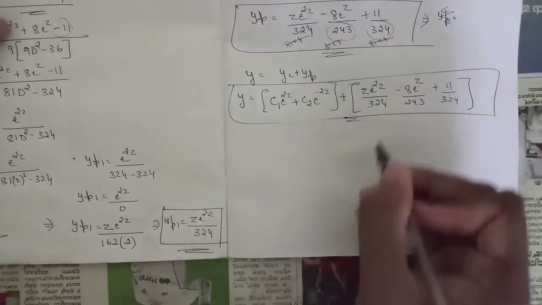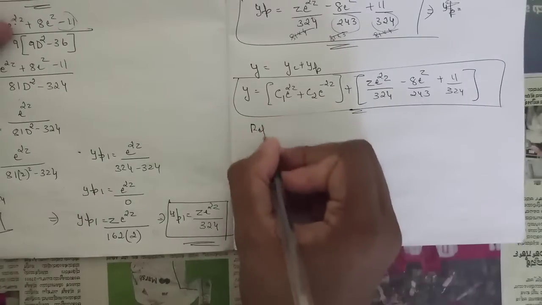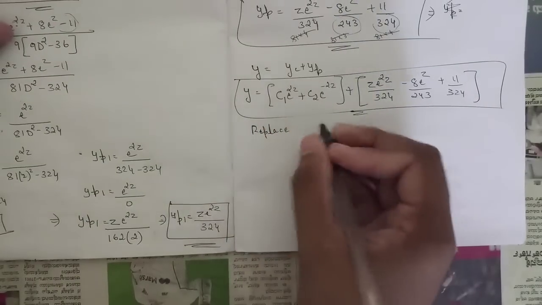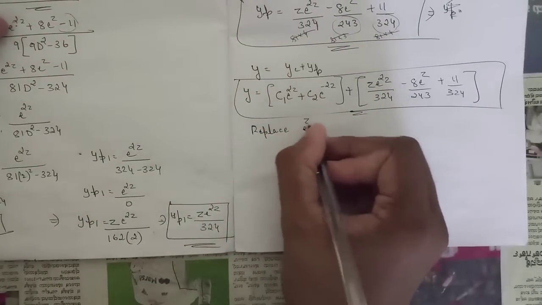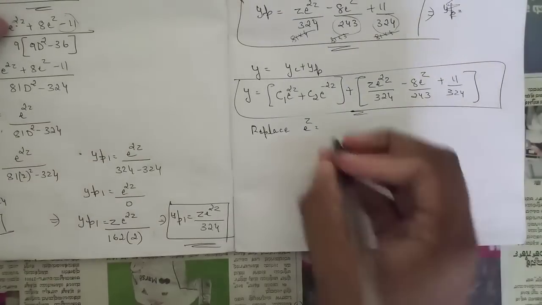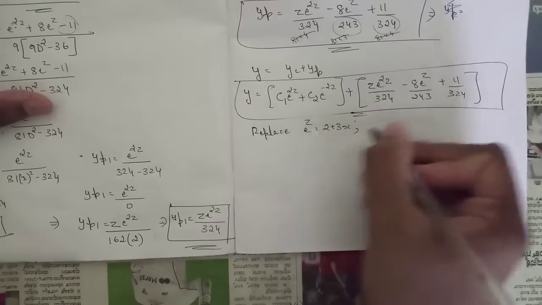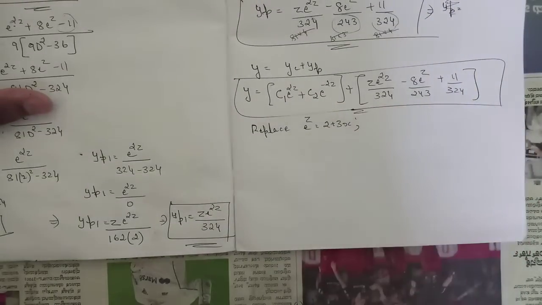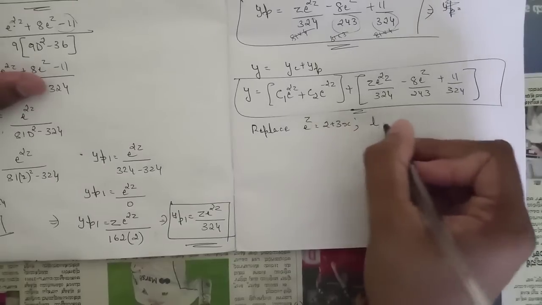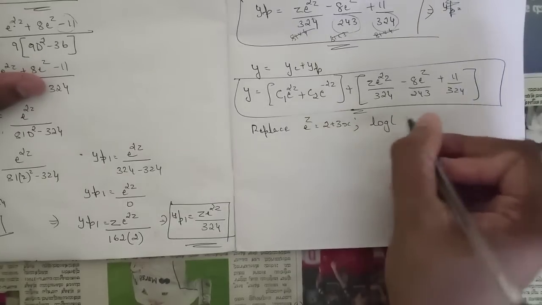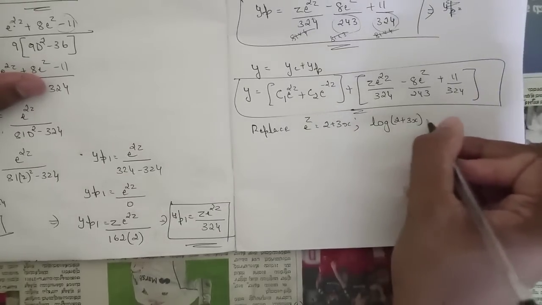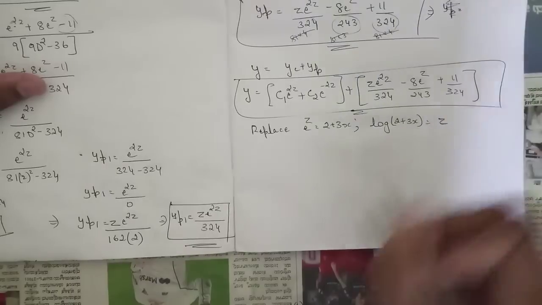Okay. So now replace e power z equal to 2 plus 3x, and log of 2 plus 3x is equal to z.